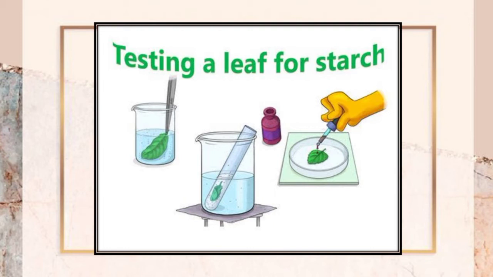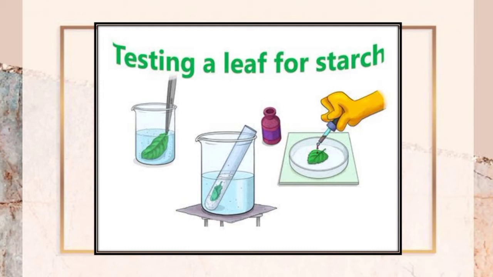Method: first step, keep a healthy potted plant in a dark room for a day or two. Water the plant at regular intervals. Second step, now pluck a leaf from this plant and boil it in water, then dip it in spirit and wash it in cold water.